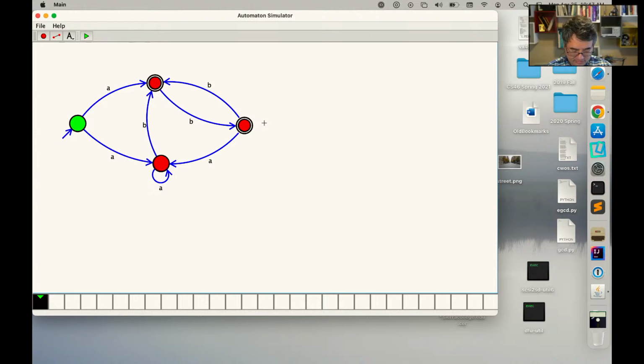Okay, so let's try it out. We've got A, which goes simultaneously to those two states. And so A by itself would be an accepting string because it ends up on an accepting state. Let's keep going. There's B, that's also accepting. So A, B, B is accepting, in any number of B's.